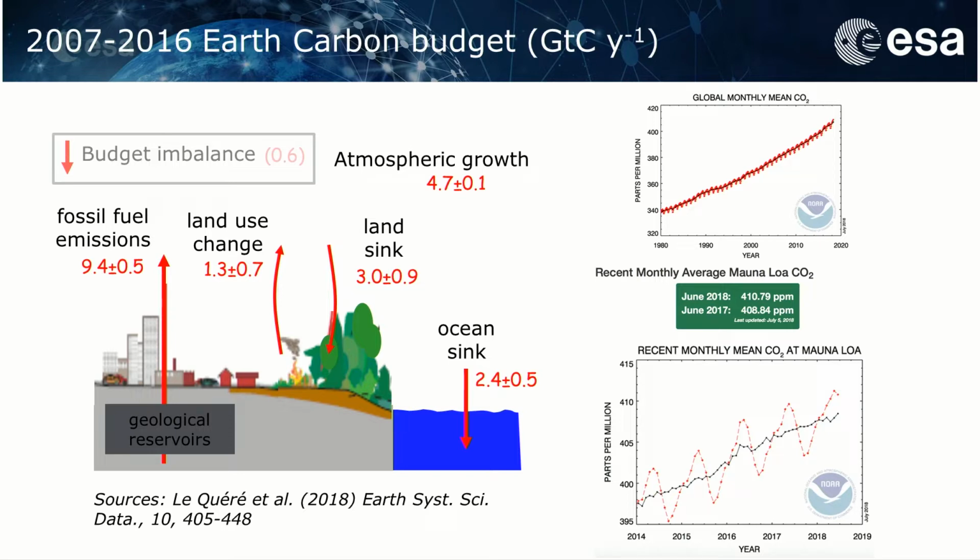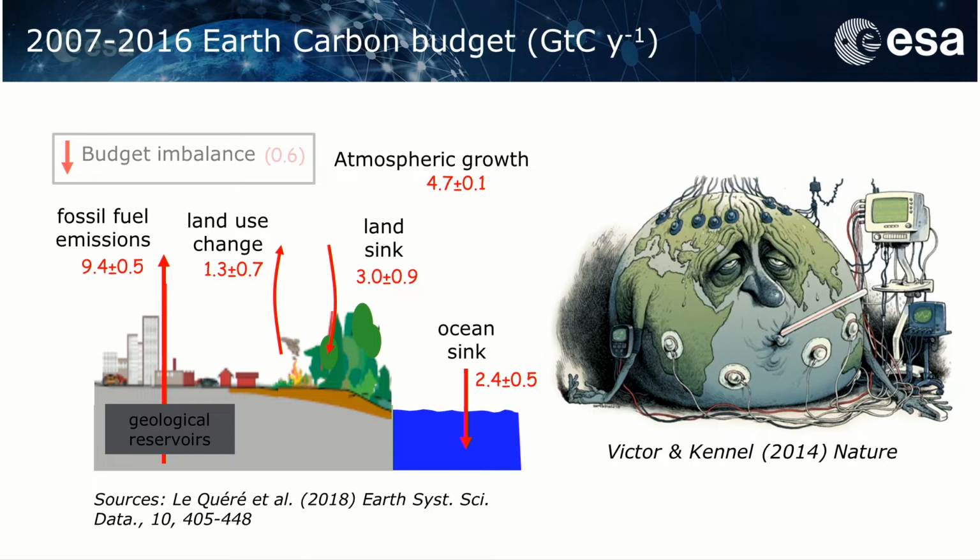And if you remember, it was only a few years ago, there was a lot of media coverage about us first bridging the 400 parts per million range. So CO2 concentrations at this station just over the past few years have continued to increase. And of course, this is a big worry for us because we know that if we fill the atmosphere with CO2, it's going to affect our climate.